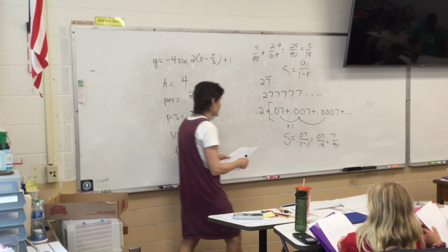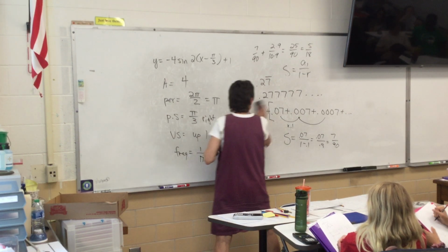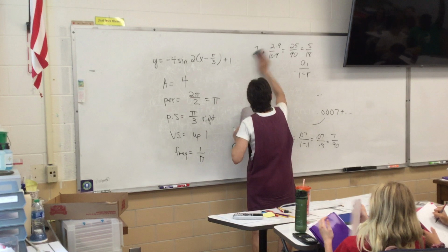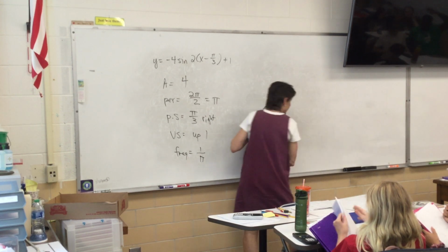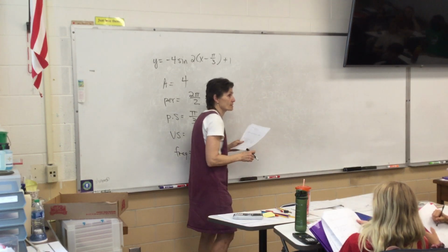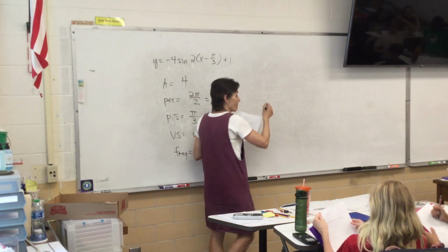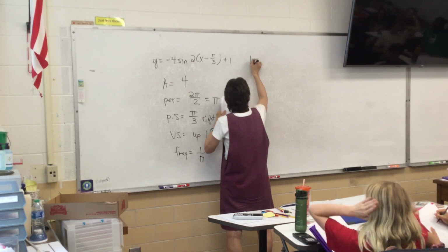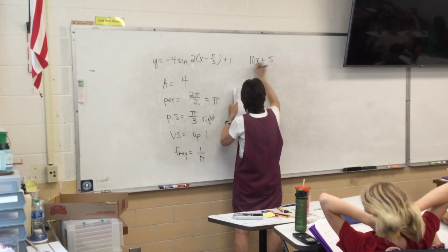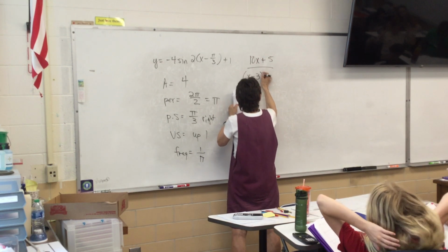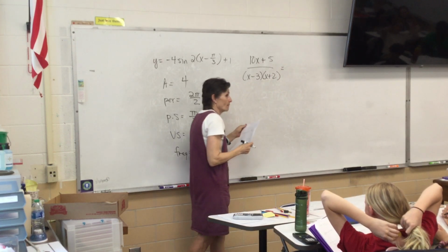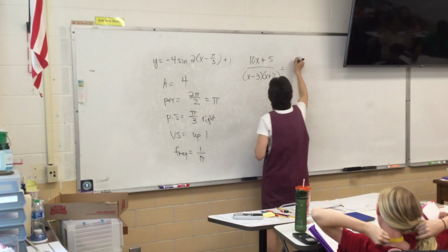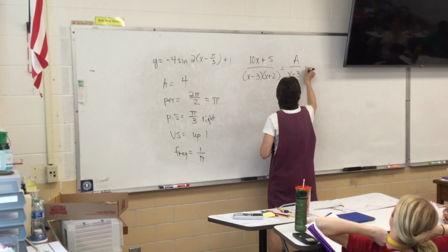The partial fractions. Okay, who remembers how to do partial fractions? We had a quiz and a test like this. Who remembers how to do partial fractions? Sophia? Yep. We factor the bottom. And then it would be A over x minus 3 plus B over x plus 2.